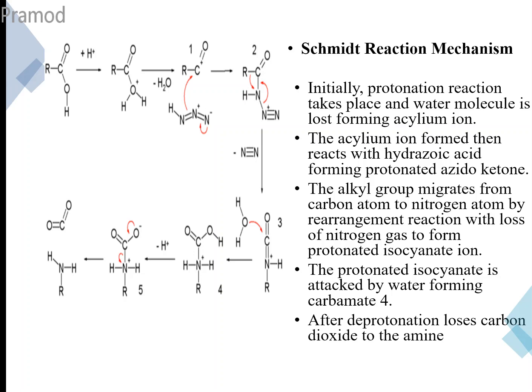The water gives one of its H to your nitrogen, and OH attacks the carbonyl carbon, giving you a protonated carbamate intermediate. Now this carbamate intermediate 4 undergoes deprotonation with the loss of carbon dioxide to give your corresponding amine.